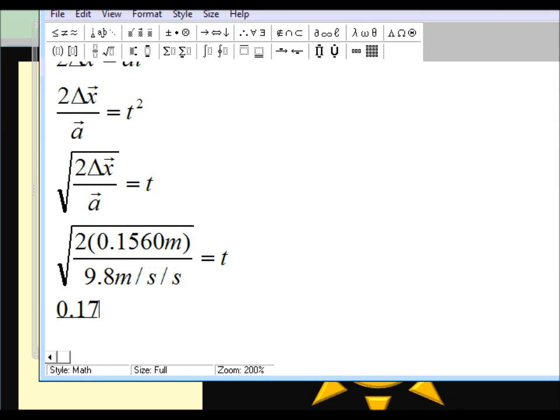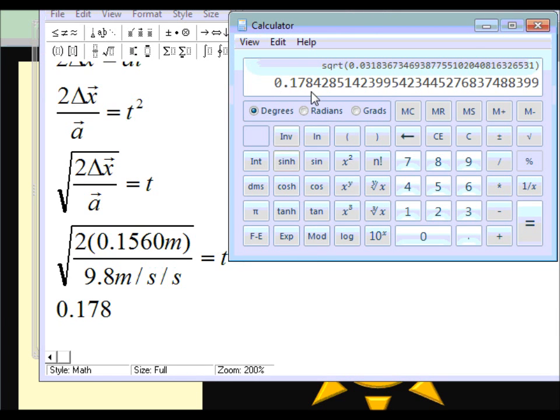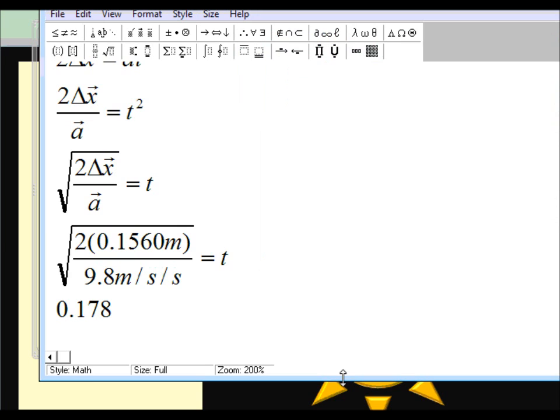So 0.178, let's double check it, yes, and the unit for time is the second. So in order for me to be able to catch a dollar bill when dropped by another person without moving my hand, my reaction time would have to be 0.178 seconds.